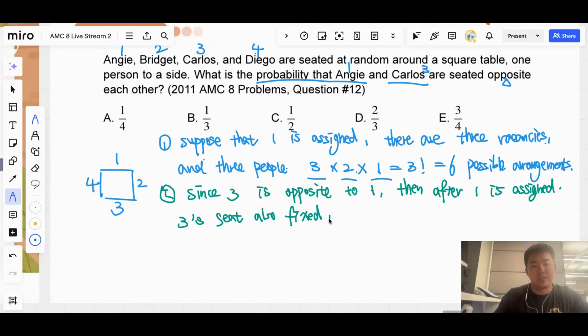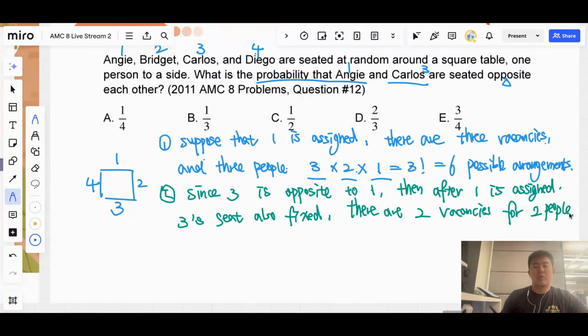Which means among the 4 original seats, 2 of them are already occupied. So only 2 more vacancies are left for the last 2 people.